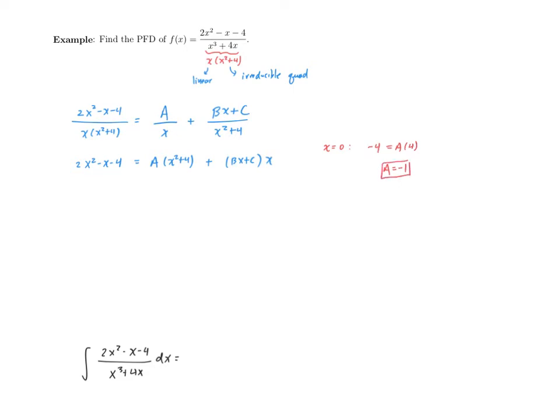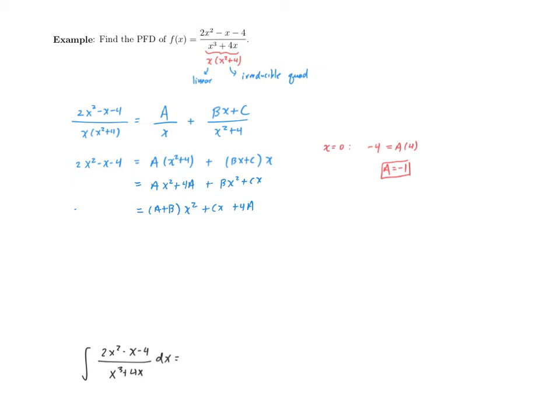Now unfortunately, because of this irreducible quadratic, there's no other single value of x I can substitute in to immediately determine b or c. What that means is we continue on with our secondary approach, which is to distribute through and combine like terms on the right. So we would have ax squared plus 4a plus bx squared plus cx. If we combine together the x squared terms, there's a plus b of them, then cx, and 4a.